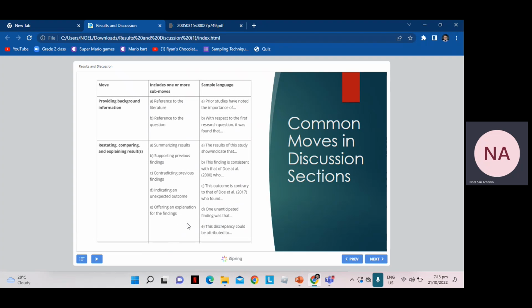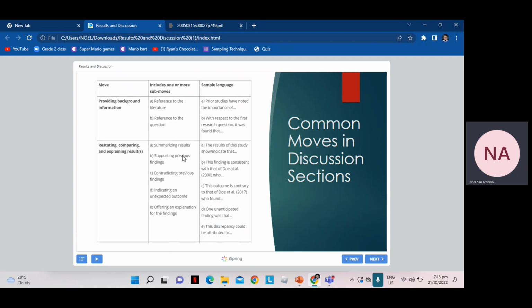The discrepancy could be attributed to. So, ibig sabihin, you are already offering an explanation as to why do you think the result of your study was like that. Okay? So, dito rin, yung result of your study is being supported by the previous authors.